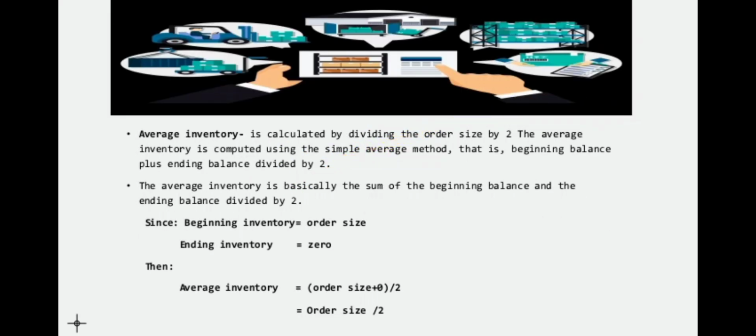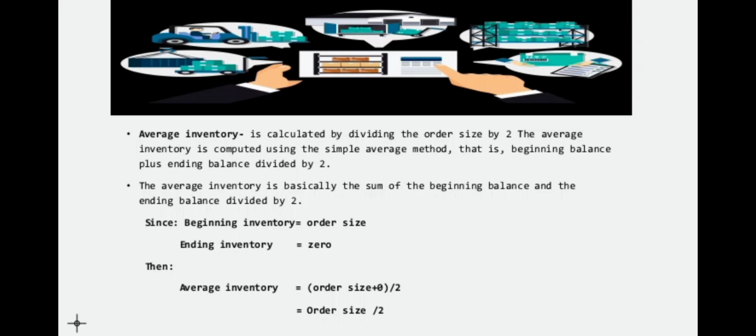And next is average inventory. It is calculated by dividing the order size by 2. The average inventory is computed using the simple average method, that is, beginning balance plus ending balance divided by 2.